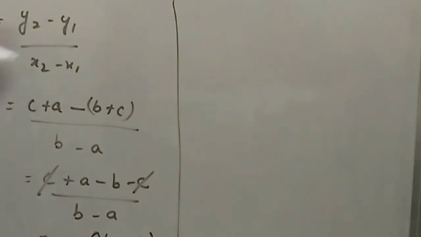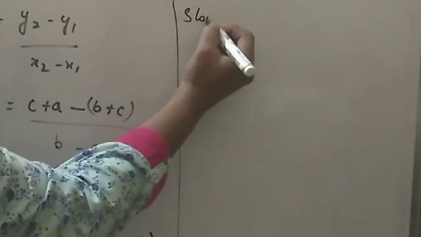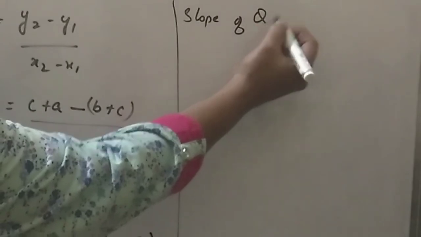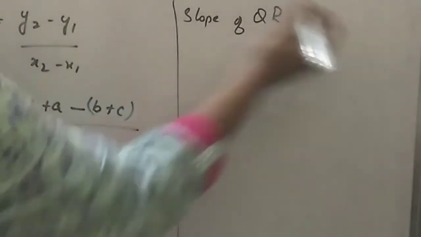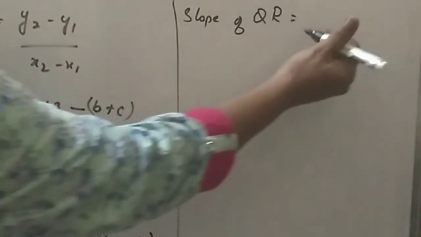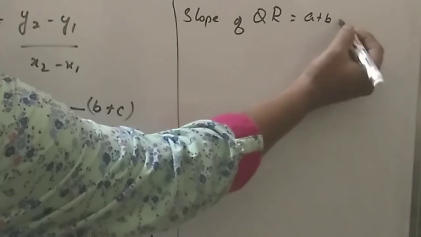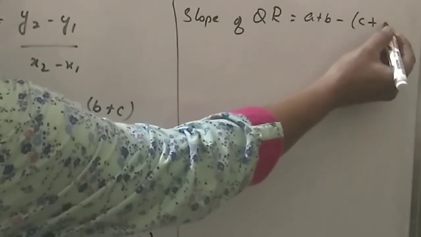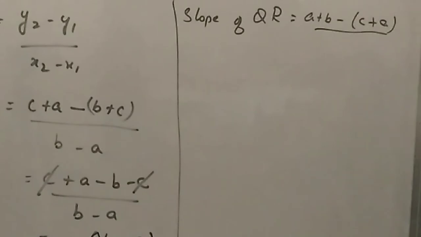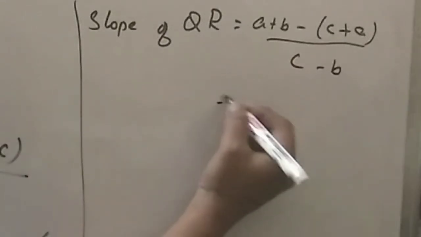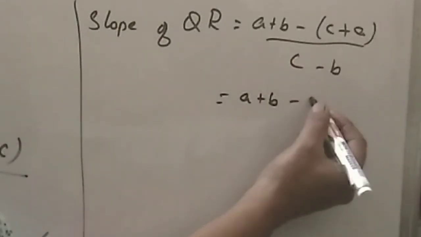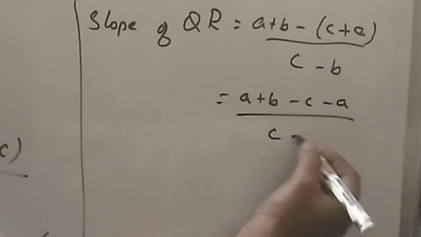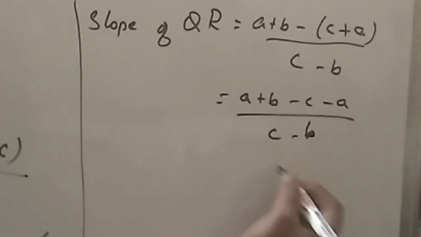Take the slope of QR. Okay, (a + b - c - a)/(c - b).